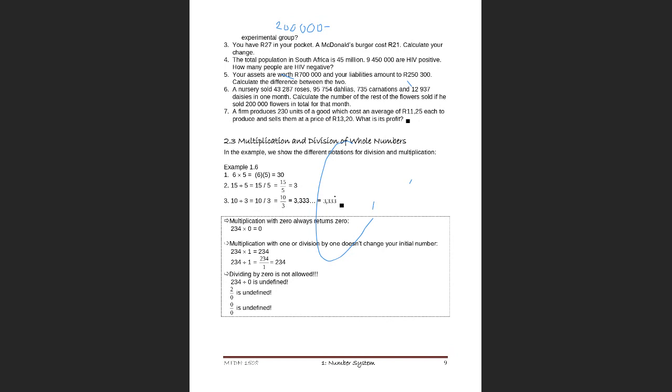The profit is 448 rand 50 cent. How did you calculate that? I firstly calculated the selling price, which is 230 multiplied by 13 rand 20, which gave me 3,038. Then I calculated the cost price, which is 230 multiplied by 11 rand 25 cents, which is 2,587 rand 50.